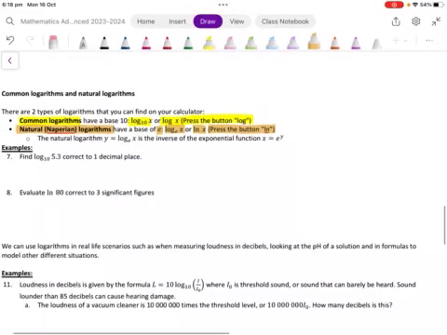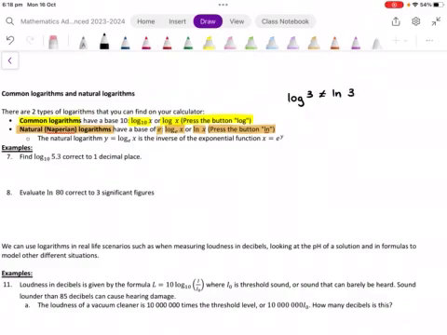Now, something that we have is that log of 3 does not equal ln of 3.